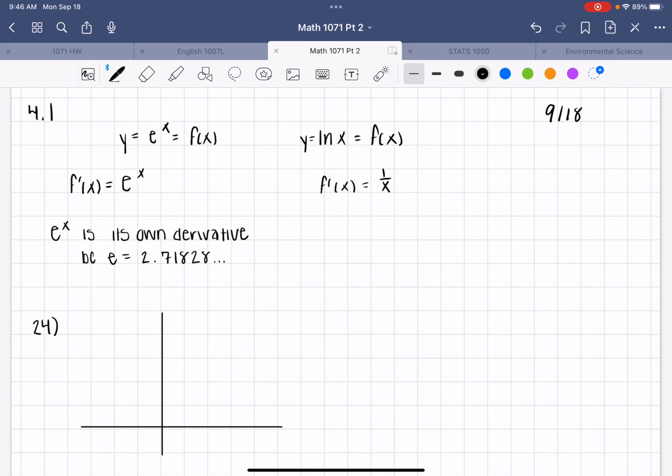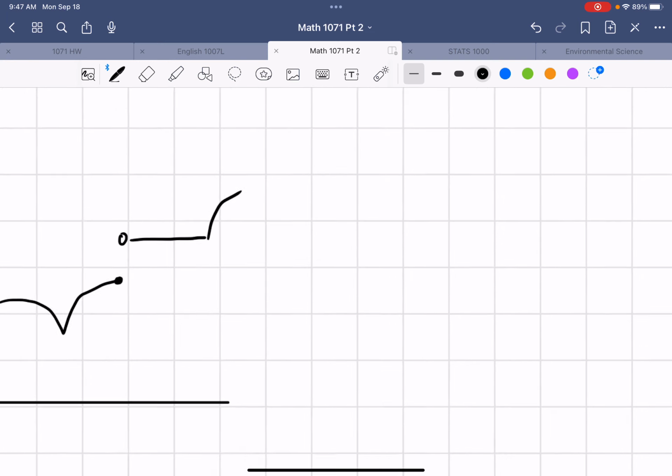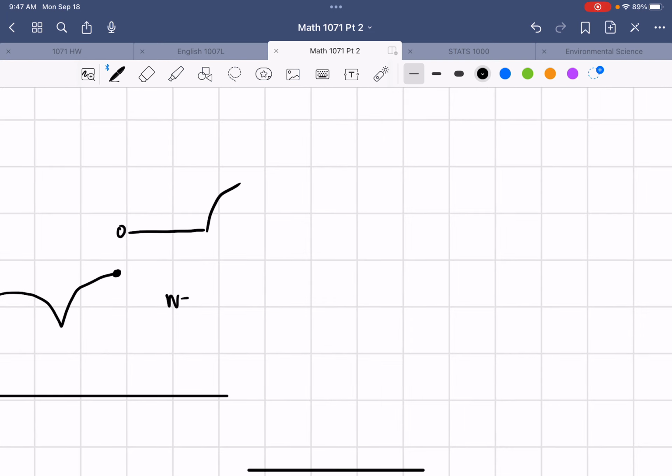And they're asking, for what values of x does G prime not exist? Where does the derivative G prime not exist?